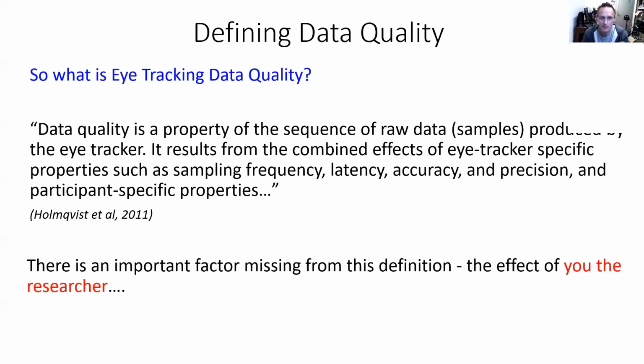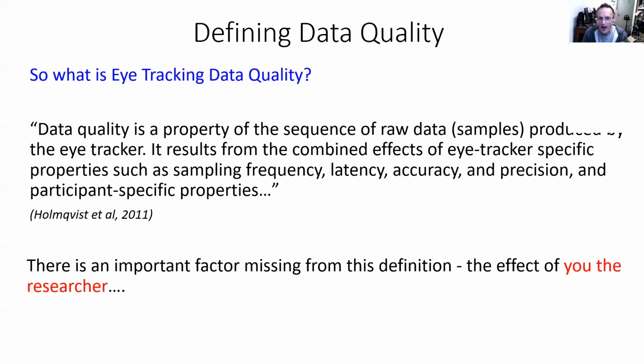These are participant-specific properties. The one thing that I think's missing from this definition, and really, if you learn one thing from this talk, it's this: the key determinant of eye tracking data quality is not the eye tracker, it's not the participant, it's you, the researcher.